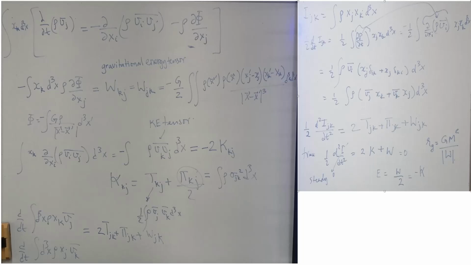So what you'll get is half rho vi bar xk delta ji plus xj delta ki dx. And that's nothing but xj.